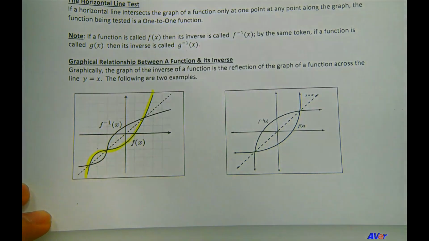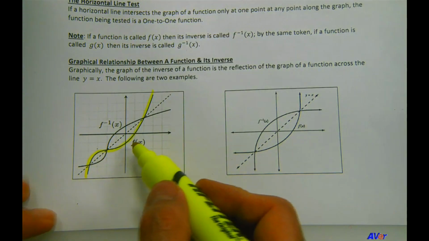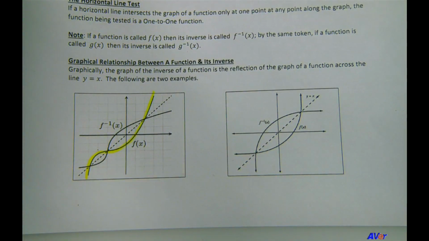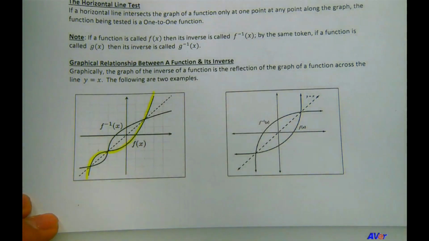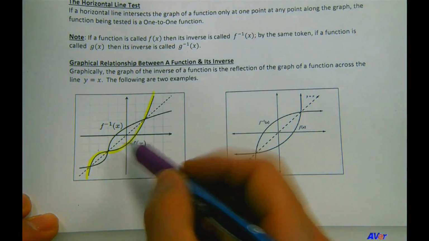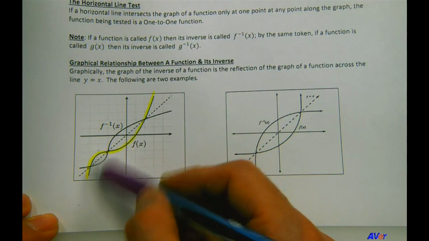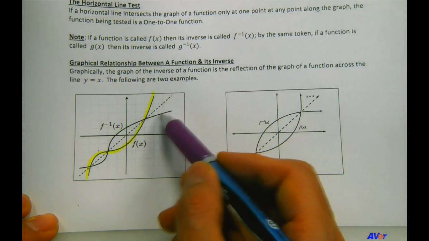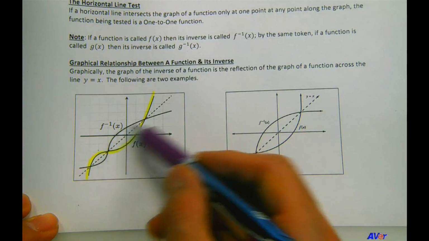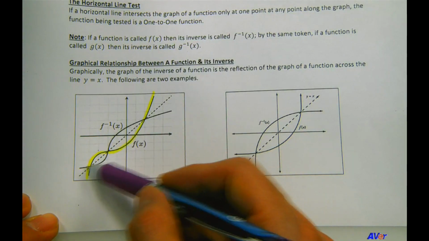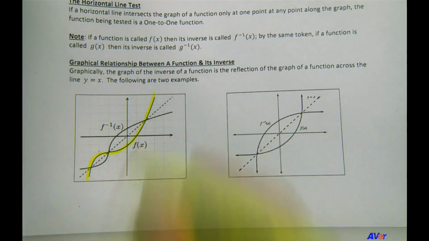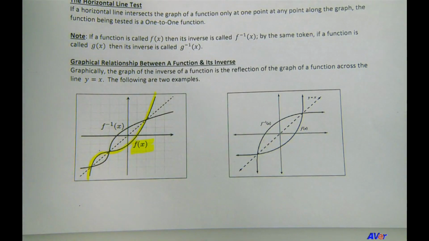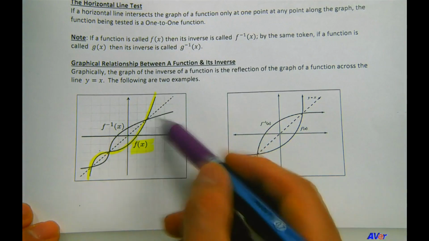It is the image of the original function across this dashed line. So if you look at the mirror image of this highlighted function, then you will get this function, which is the inverse function. So the original function is the highlighted one, and the graph of the inverse function is the other one, which I didn't highlight.